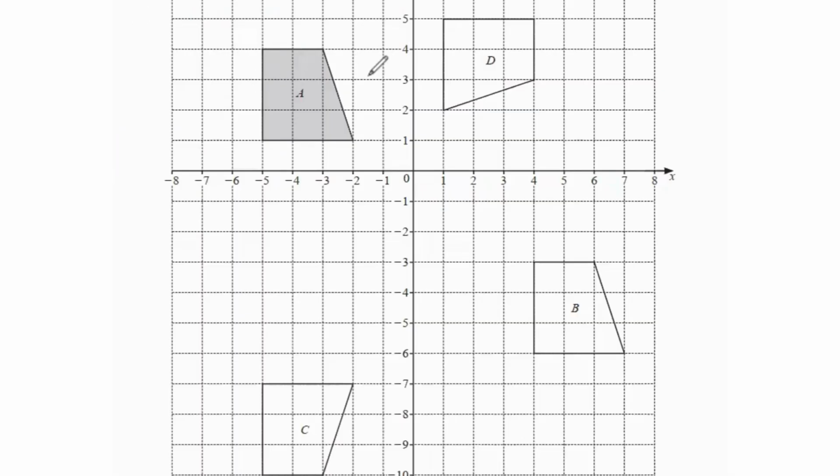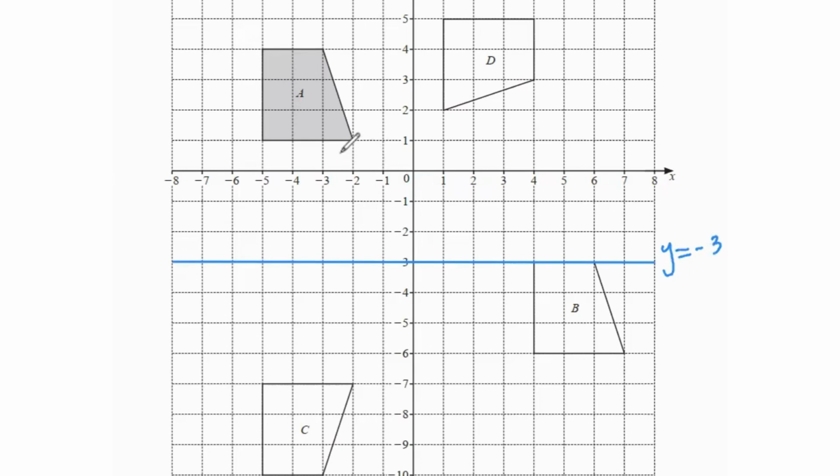Now, talking about the transformation that maps quadrilateral A onto quadrilateral C, if you notice, it's a reflection. And the reflection is basically happening with the line y equals -3. Why?